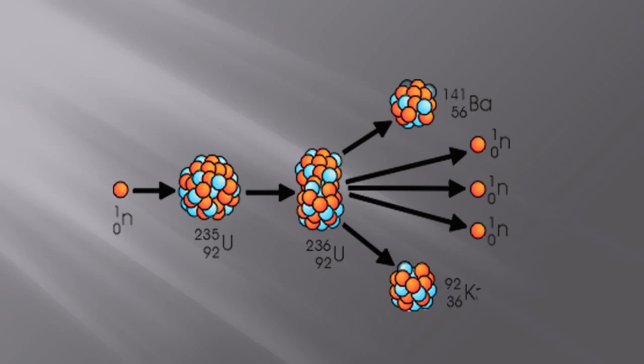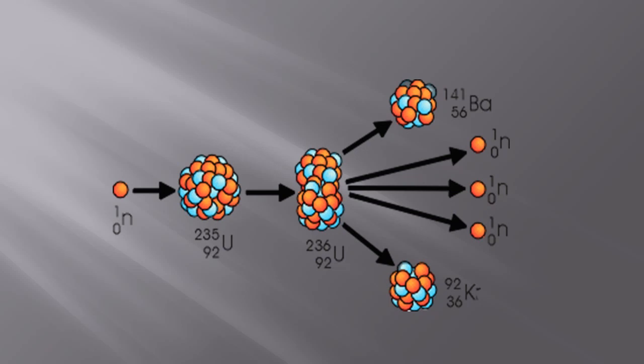Students, on bombardment with slow-speed neutrons, you can see when a neutron is bombarded on uranium-235, it undergoes nuclear fission. Fission means splitting up the uranium-235 nucleus, to form nuclei of two different elements, krypton-92 and barium-141, and 2 to 3 neutrons are released during the nuclear fission reaction.